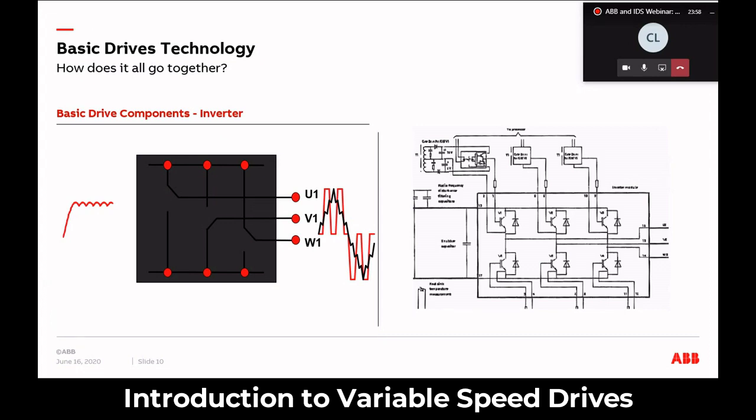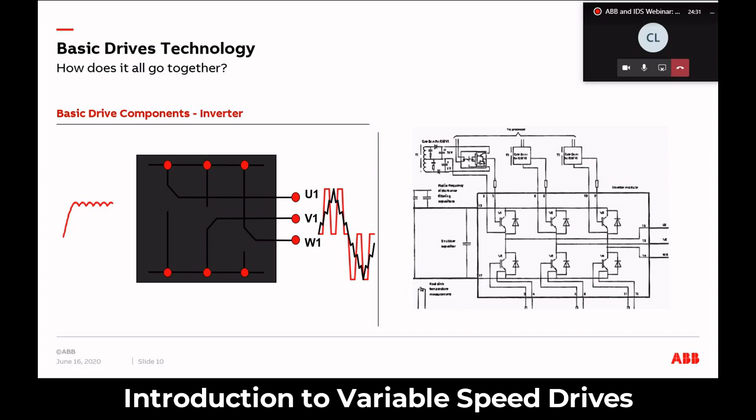As we were saying before, to vary the speed, the frequency and the voltage to the motor, we have to convert the AC signal coming into the drive to a DC, which we've done here. But to have full control of the speed, voltage and frequency, we now have to convert by going back from DC to AC, and that's done by a set of 6 IGBTs.